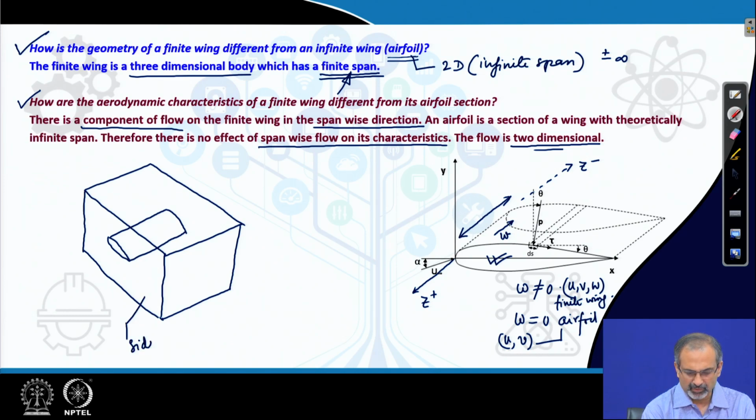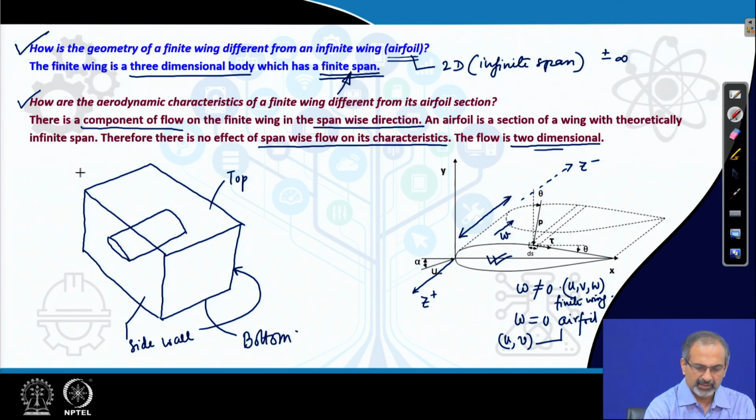So, this is a side wall, this is another, this is the top, and the other one the bottom wall of the wind tunnel. There is a flow coming from the upstream direction with an average velocity of u infinity and meeting this airfoil section, which is stretched end to end of the two side walls.